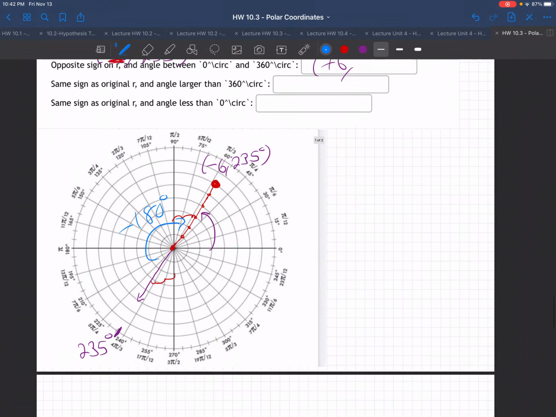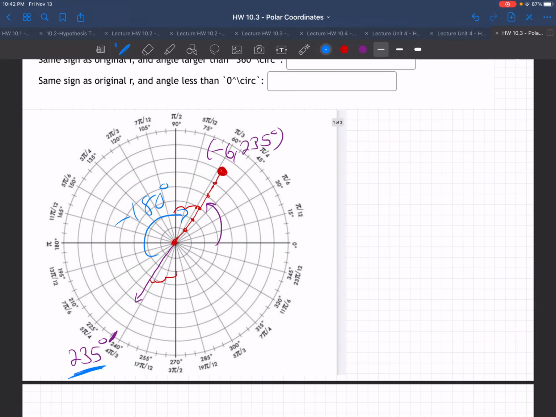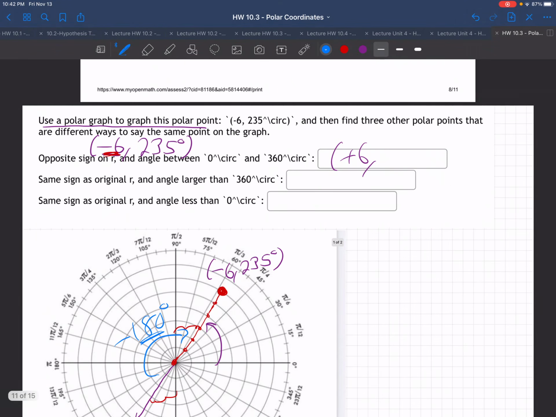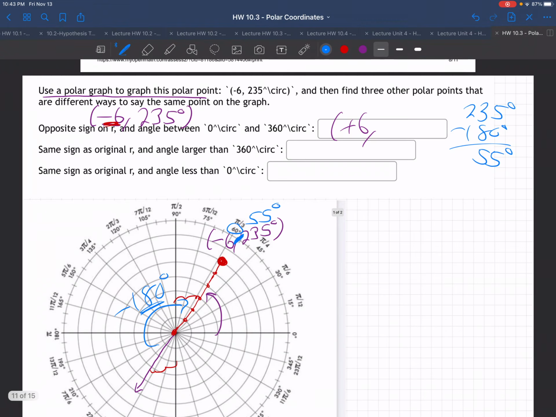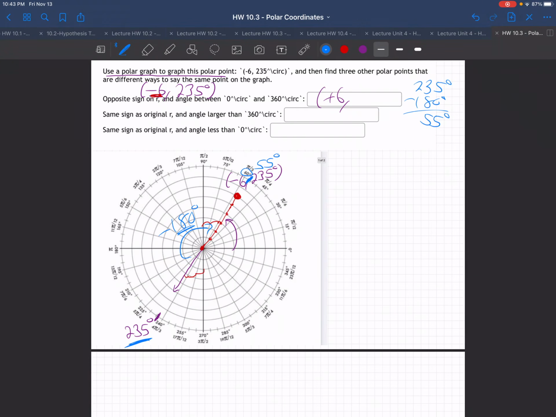So if before the cannon was facing 235, but then it backfired, that means subtract 180. So if we take 235 minus 180 degrees, we'll get 55 degrees. That means this angle here must be 55 degrees. It looks right, doesn't it? It's almost 60. It's just 5 off of 60, like 235 is just 5 off of 240.